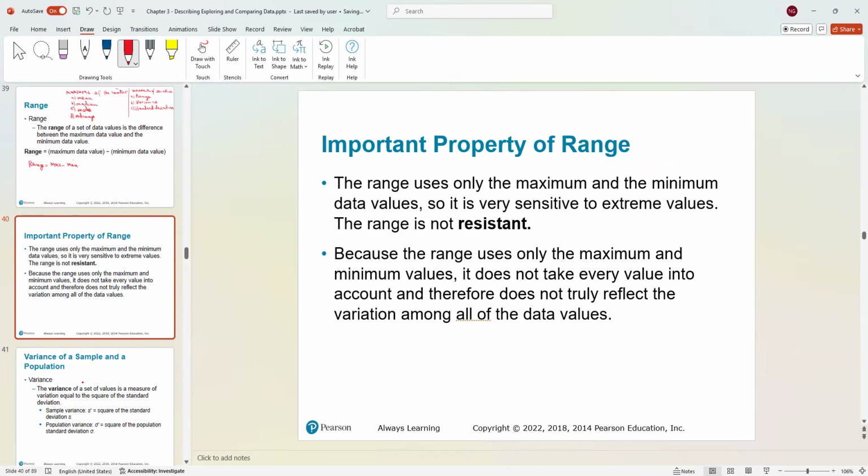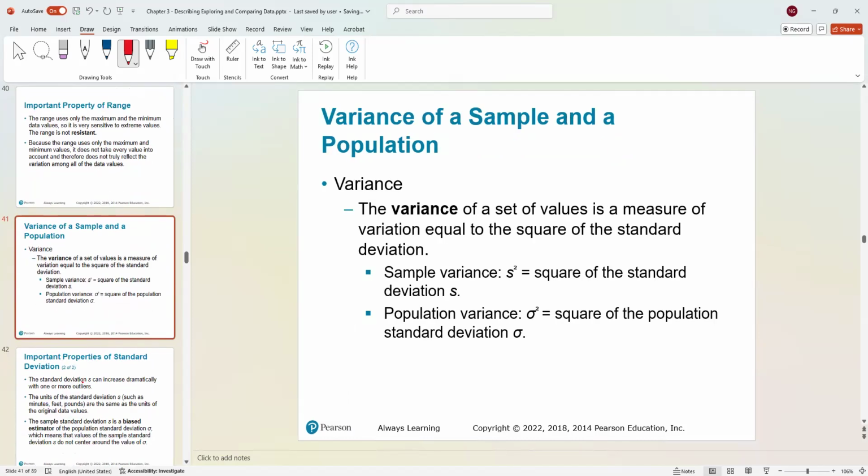You need to pay attention to this because it's not really very helpful. It is very sensitive to extreme values. The range is not very resistant because it uses only the maximum and minimum values. It does not take every value into account like the mean does, and therefore does not truly reflect the variation in all the data.